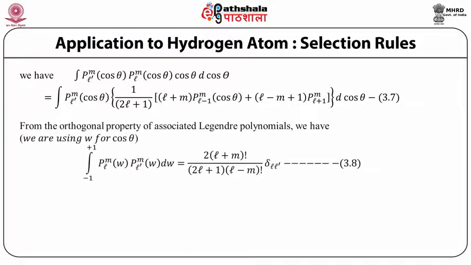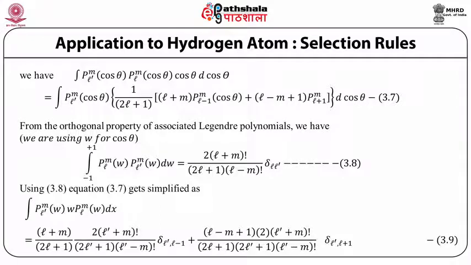From the orthogonality property of the associated Legendre polynomials, using w for cos θ, we have the integral from -1 to +1 of P_l^m(w) P_l'^m(w) dw is equal to 2 (l+m)! divided by (2l+1)(l-m)! times delta of l' and l.